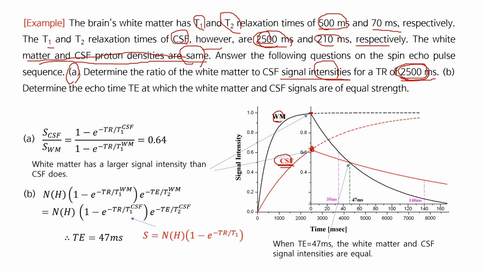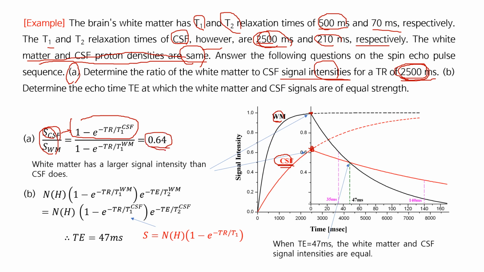The expression is given by this form. The signal intensity is given by this form. So we just put in the numbers and we can get the signal intensity ratio as 0.64.